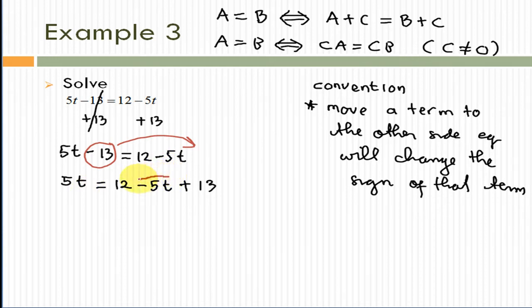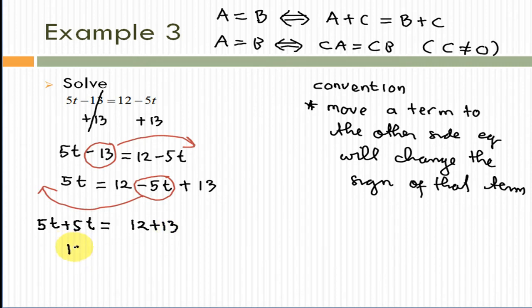So we just move this term to that side. Remember, when we move one term to the other side, the sign changes. So now we have a new equation. So this will become 5t plus 5t equals 12 plus 13.